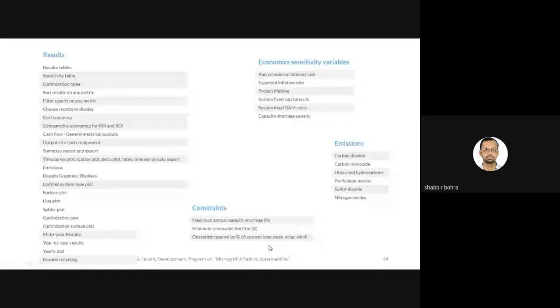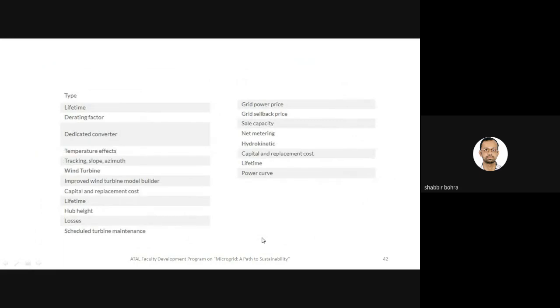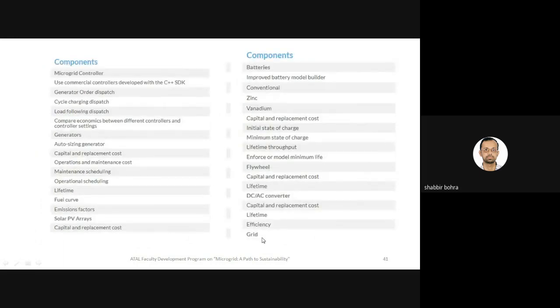Is it visible? Yes sir, now it is visible. Okay, so I just go back a couple of slides. So I guess it started disappearing from this point.